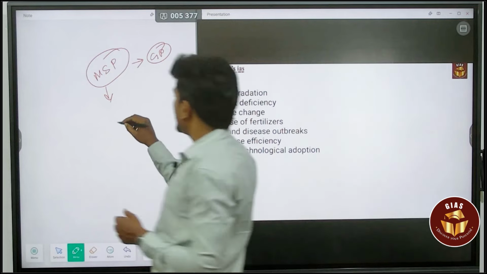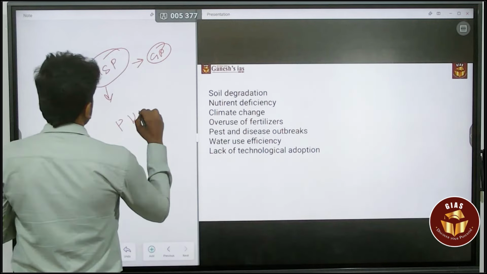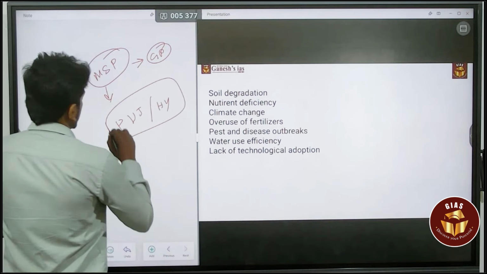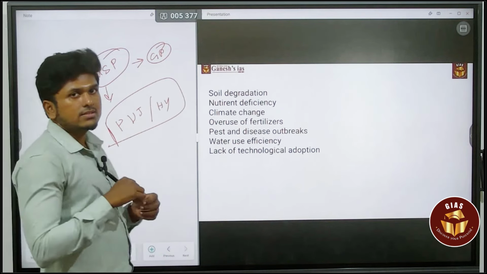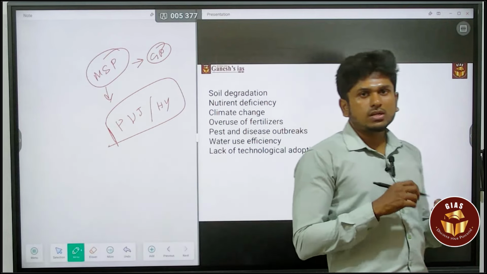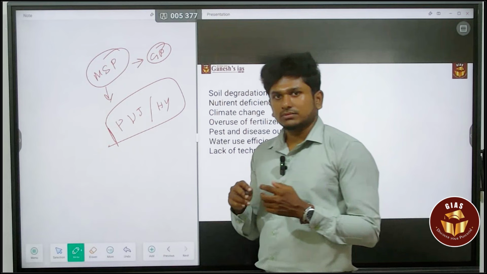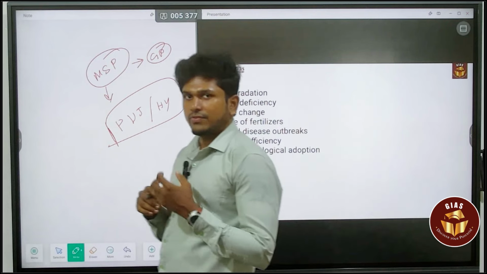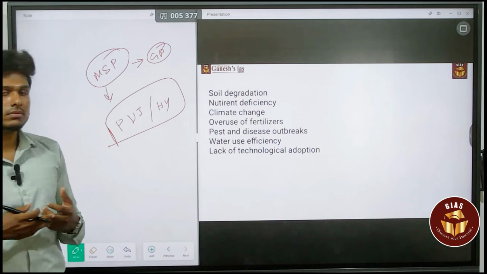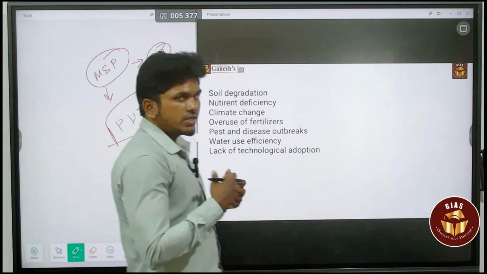For example, when it comes to Punjab and Haryana, they are among the highest fertilizer users in the world. To cultivate a single hectare of land, they are using the highest amount of fertilizer. So that is the major issue.